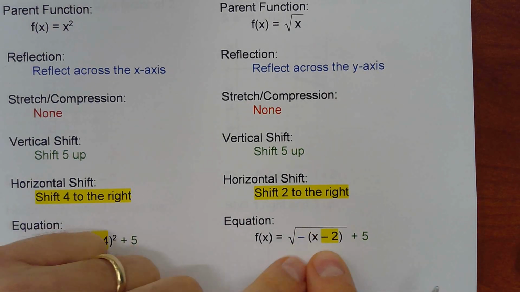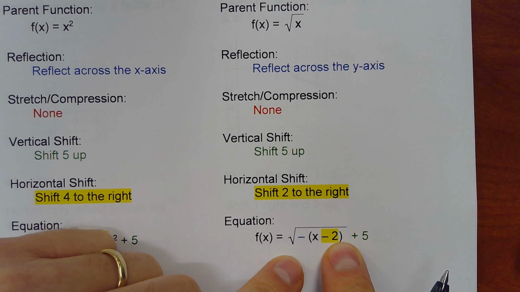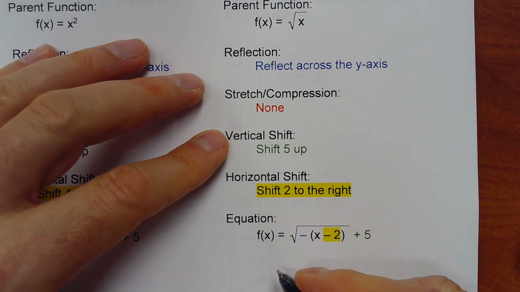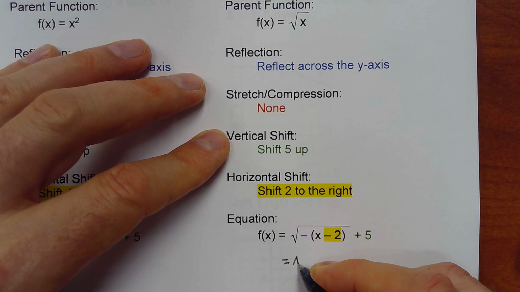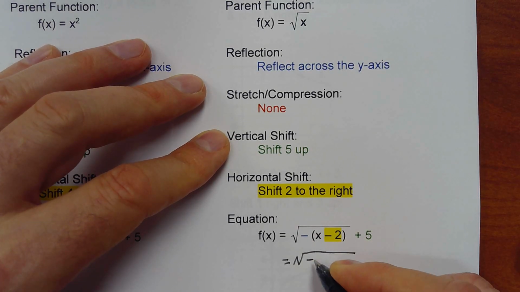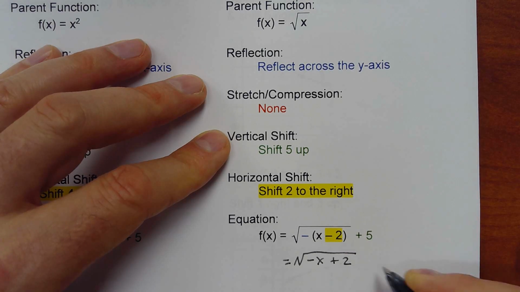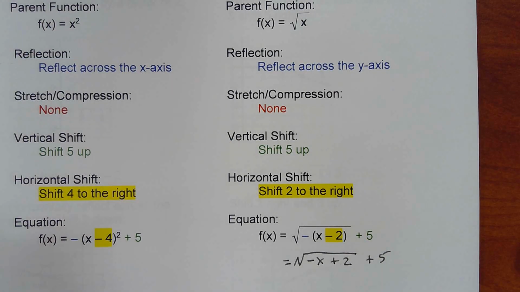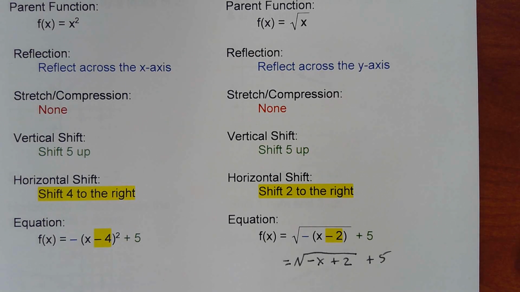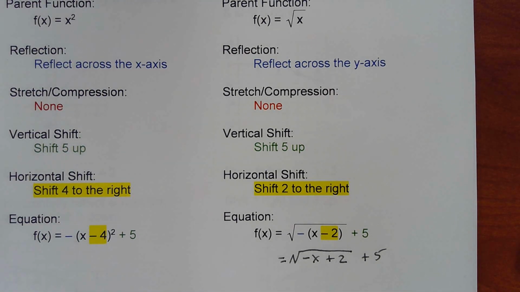I'm going to write in parentheses x minus 2 plus 5, which then would simplify to the square root of minus x plus 2 plus 5. So that last one, when you've got horizontal reflections, that's always a little tricky. So you have to be careful with those.